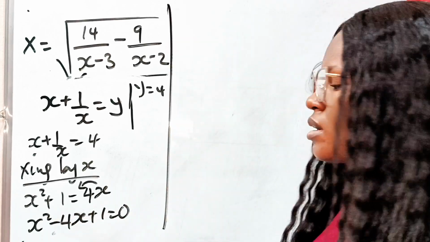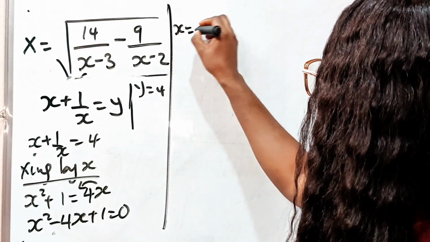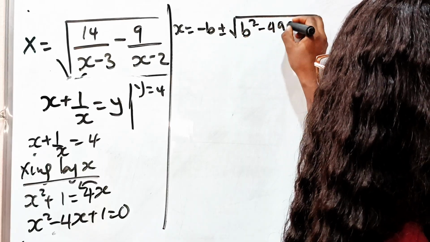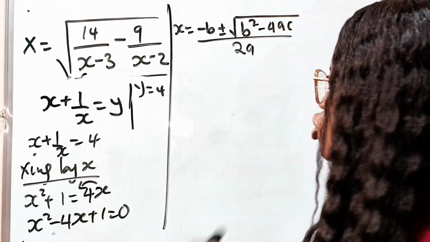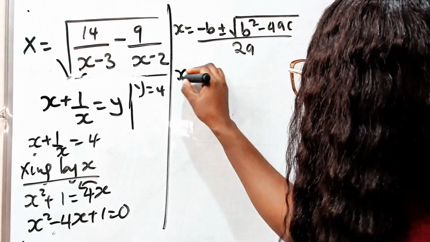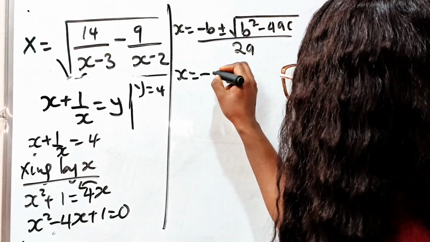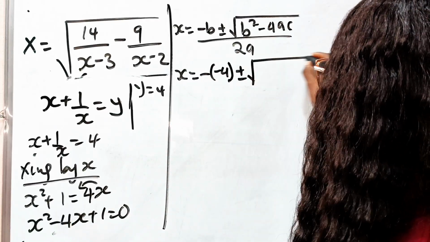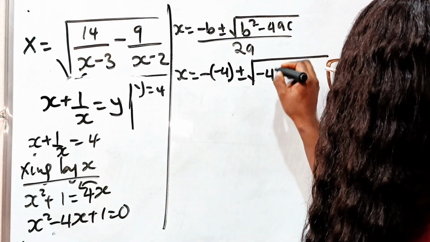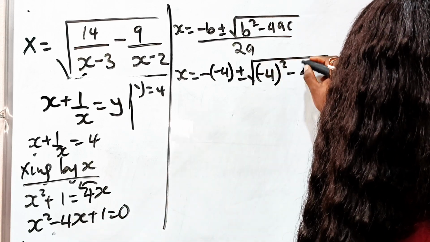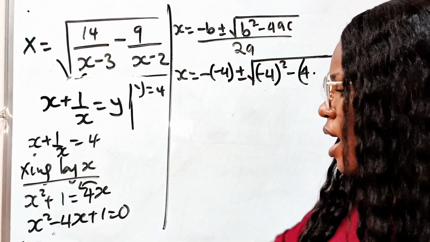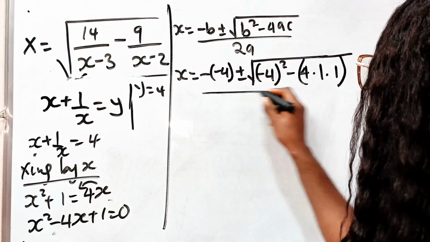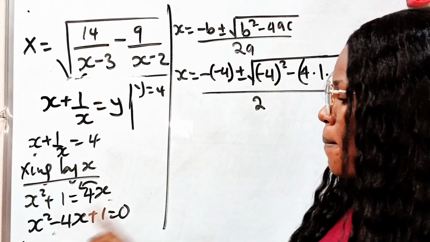Now let us solve this using the quadratic formula: x = (−b ± √(b² − 4ac)) / 2a. So our x will be equal to (−(−4) ± √((−4)² − 4 × 1 × 1)) / (2 × 1), where a is 1 and c is our constant, which is 1 as well.